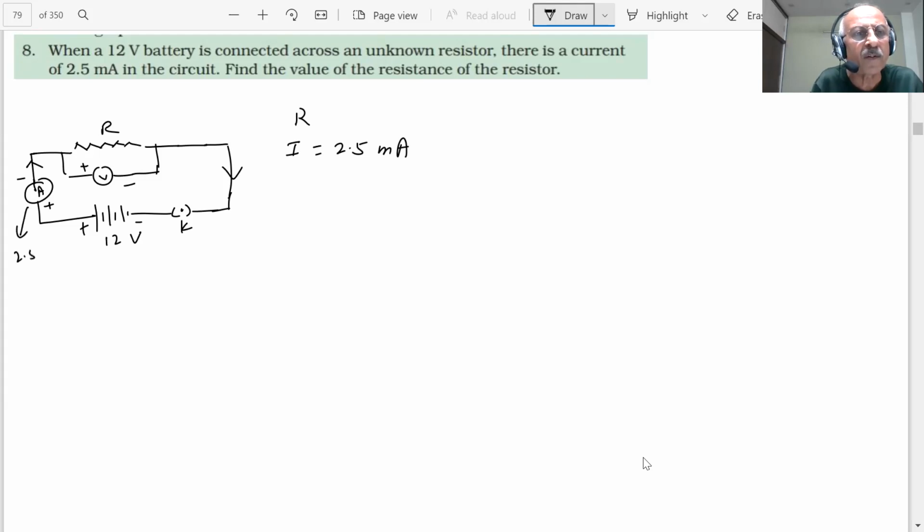What is the reading? 2.5 milliamperes, student. What is the value of V? 12 volt. He says find the value of the resistance. You have 1 minute to answer the question, students.